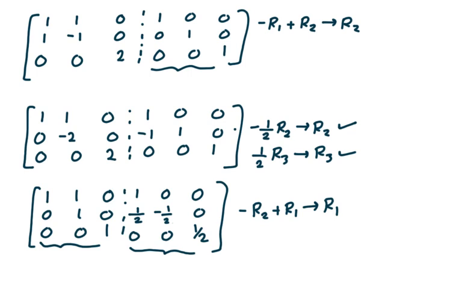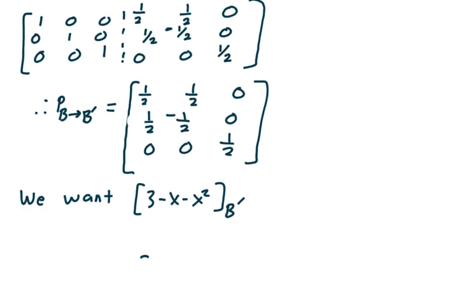Now, I'm going to take negative row 2, add it to row 1, put the result back into row 1, because that's what's going to get me the identity on the left side. So when I do that, I get 1, 0, 0, 0, 1, 0, 0, 0, 1. That's the left side. The right side, I get 1/2, 1/2, 0, 1/2, negative 1/2, 0, 0, 0, 1/2.